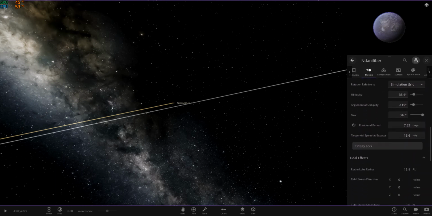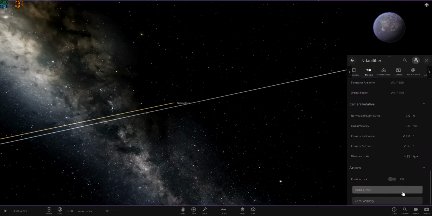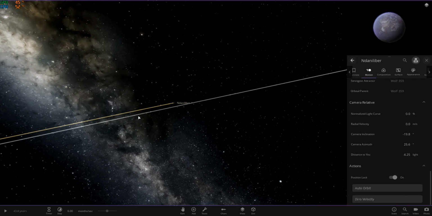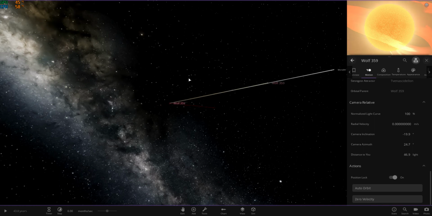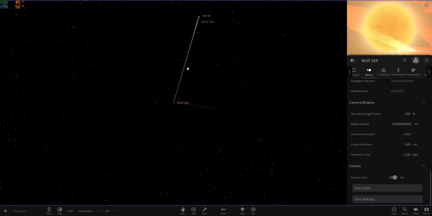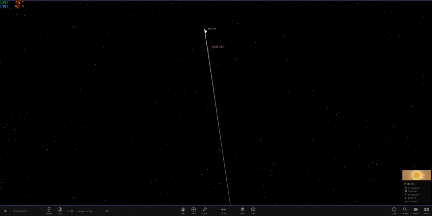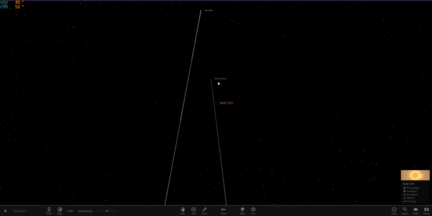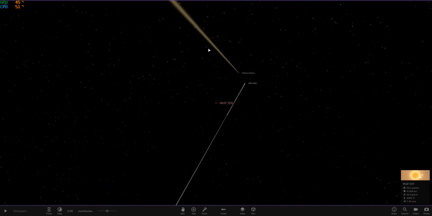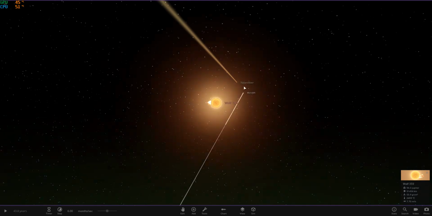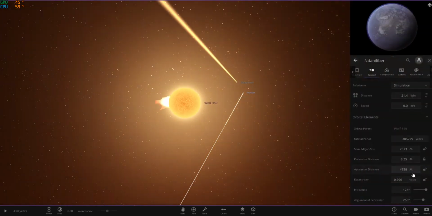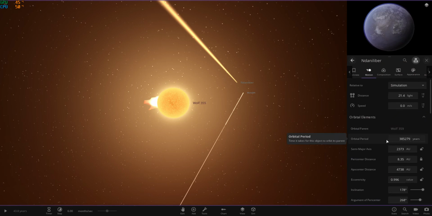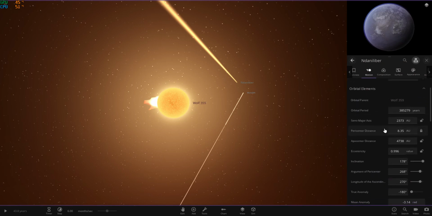Activated its position lock, meaning that now there is a... Now it is quite far away.